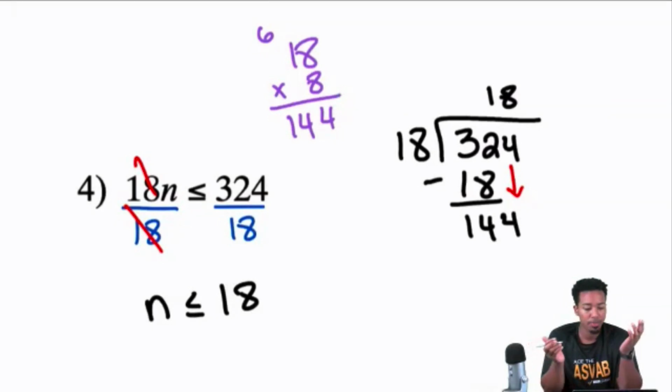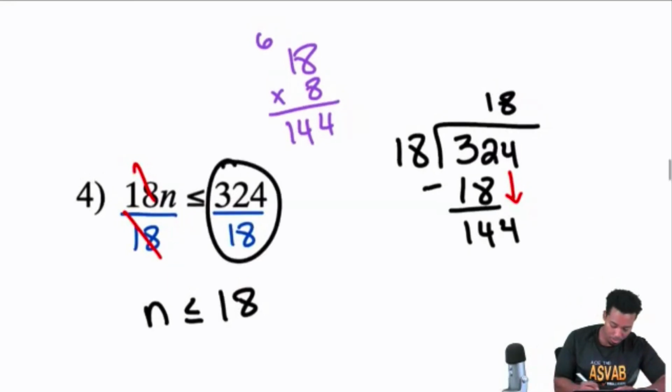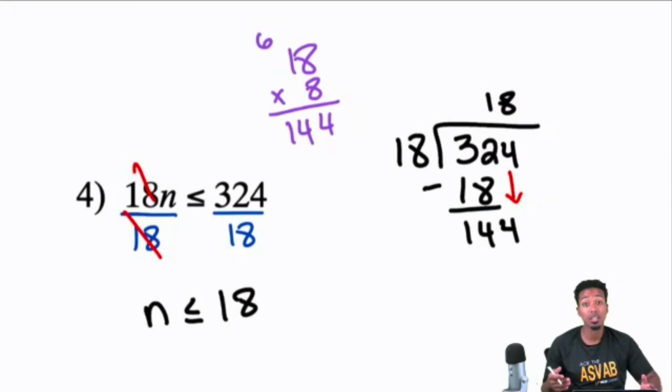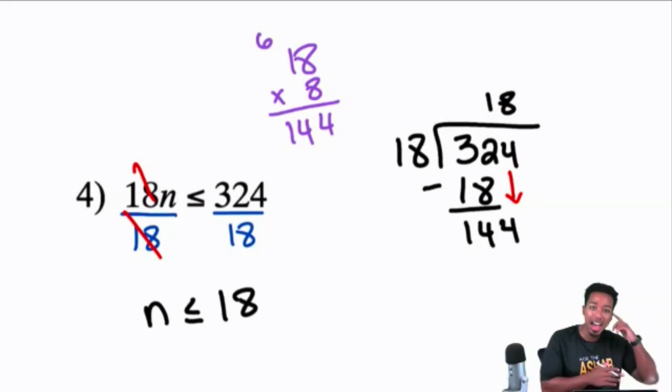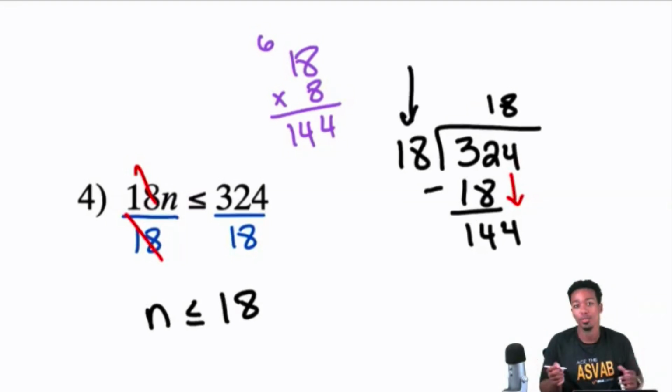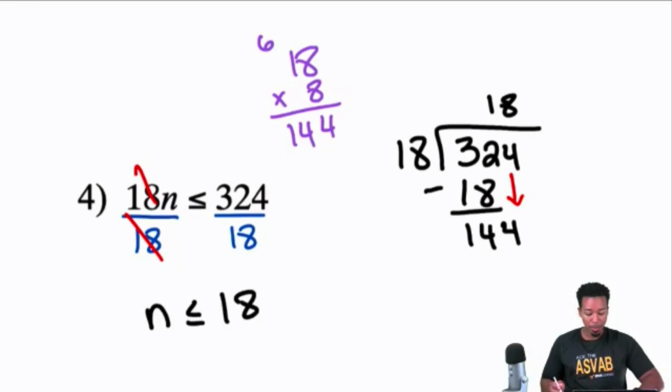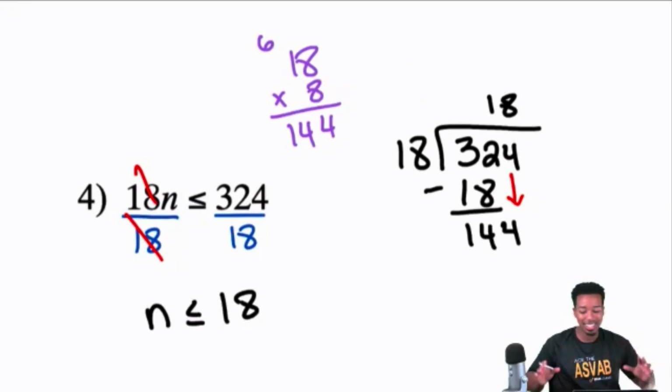Yeah, right? If we're dividing by 18, that's the same thing as dividing by 9 and then dividing by 2. So you don't have to divide by 18. You can divide by 9, do the math, then divide by 2, do the math. That is a lot easier to divide with one-digit numbers. So I just want to make sure you know that, but I'm not going to get too much into it.